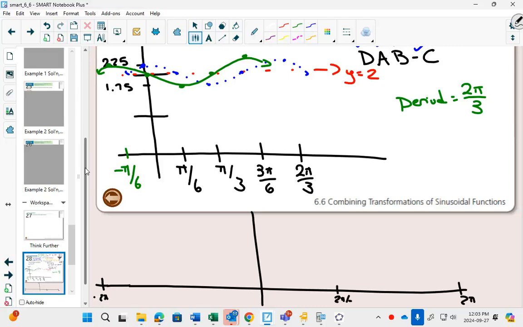So this is where 2 pi over 3 would be. And our 4 sections that we did were right here. You would still have 1, 2, 3, 2.25, and 1.75. And you would still have your center line here at 2.